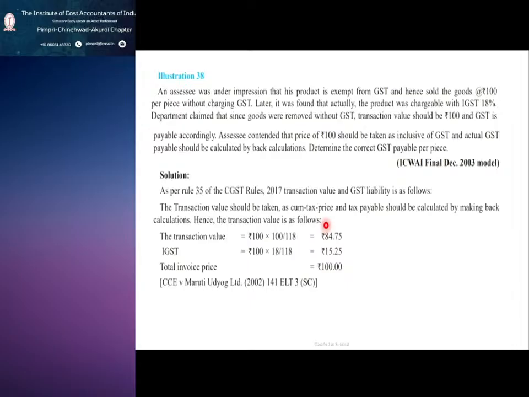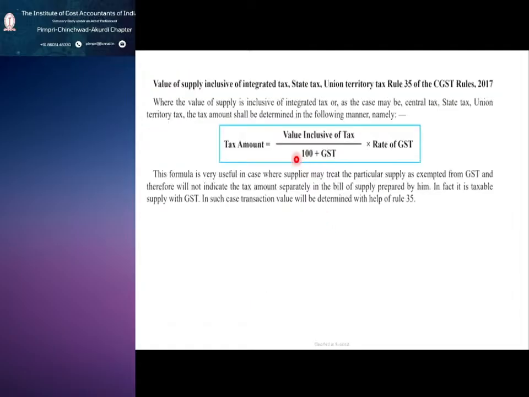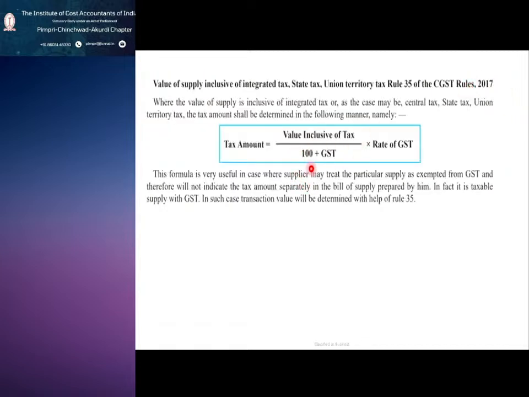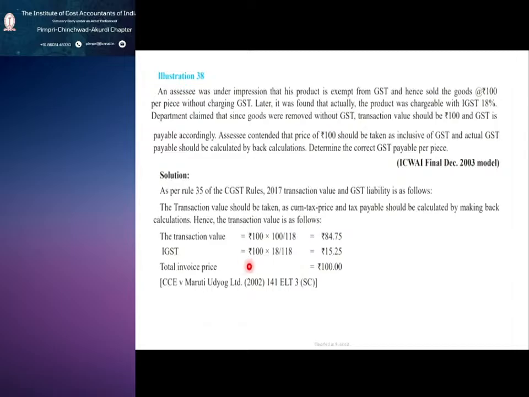So how will we calculate the GST? You need to use this formula only. What is the value including tax? This is 100. So 100 divided by 100 plus 18, multiplied by the rate of GST, which is 18. For this particular product it is IGST, so 18 by 118. So 15 rupees is GST and 85 is the basic amount.